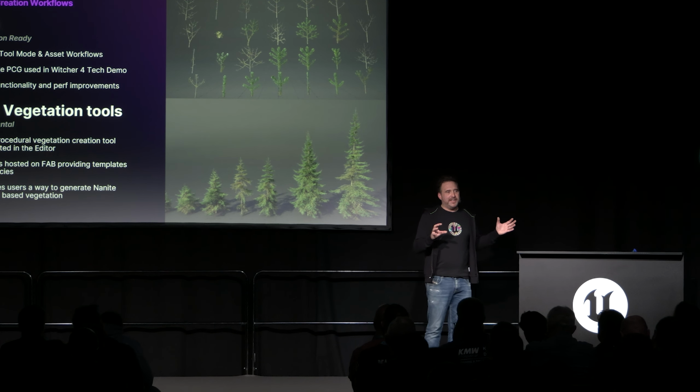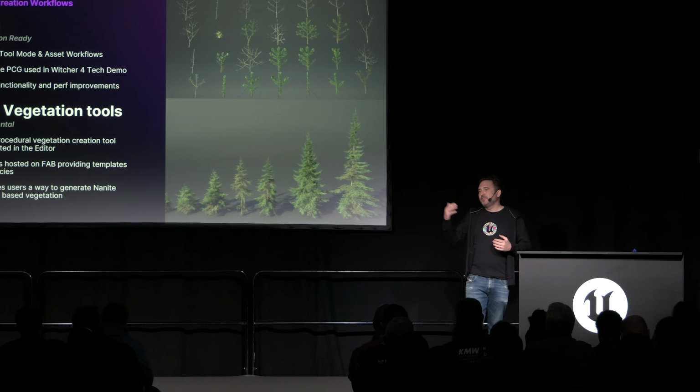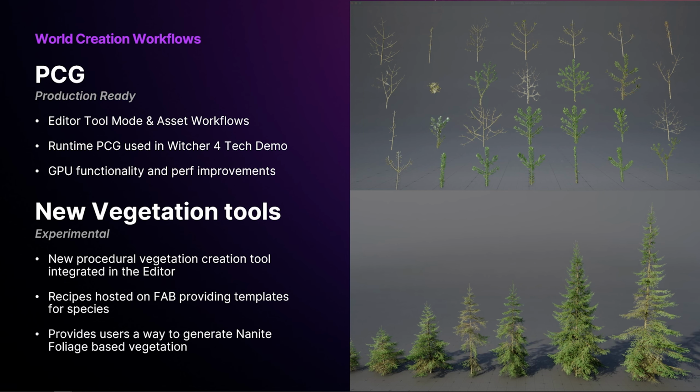It doesn't even live in CPU land. So you probably can't interact with it, but it will add a huge amount of fidelity and detail pretty cheaply and efficiently. So super cool, right? If you're not using it, you should really dig into that stuff. And we've been making it faster every release and making the tooling better, etc. So now it's production ready, and we're super stoked about that.